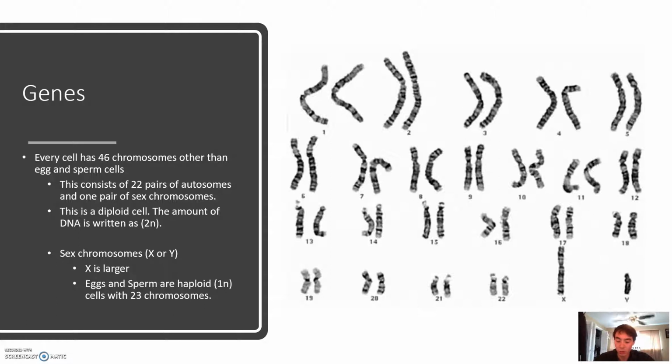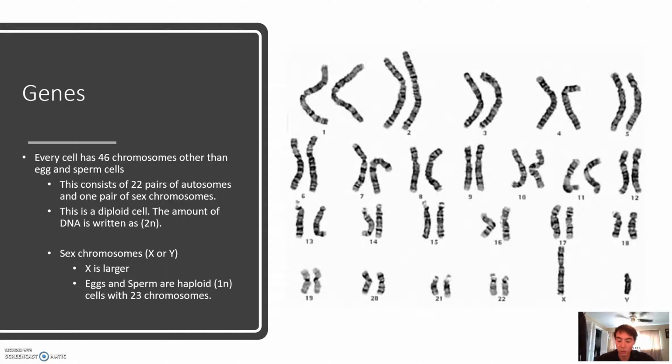This is also called a diploid number because the chromosomes are in pairs, so the amount of DNA in a diploid cell can be expressed as 2n. The 22 autosomal pairs will guide our cells to develop our human body and other specific characteristics of our body. But this is the case for every cell except egg and sperm cells. We'll get to those in just a moment.